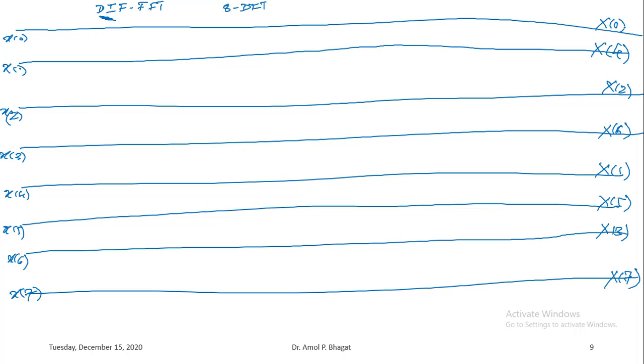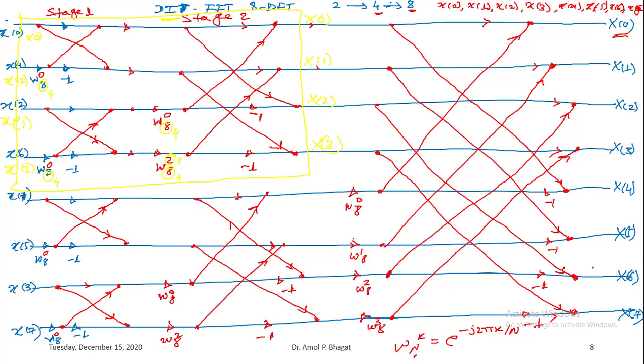Okay, so the output you will get in this order, that is x of 0, x of 4, 2, 6, 1, 5, 3, 7.